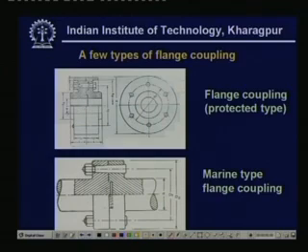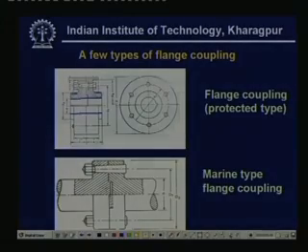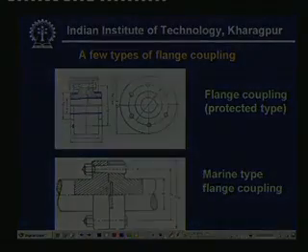Here the shaft, and on top of it this part which is known as the flange. It has two sections, one is here, which is a relatively thick part, known as the hub, and this part which is relatively narrow is known as the flange, and these two flanges are connected by means of a few bolts.